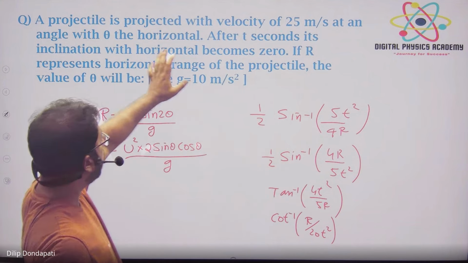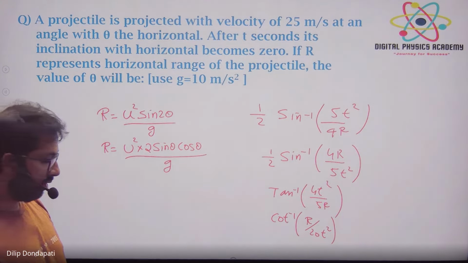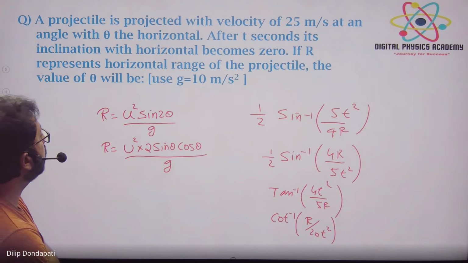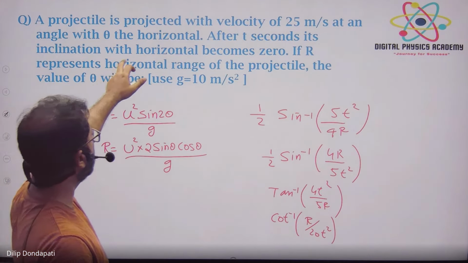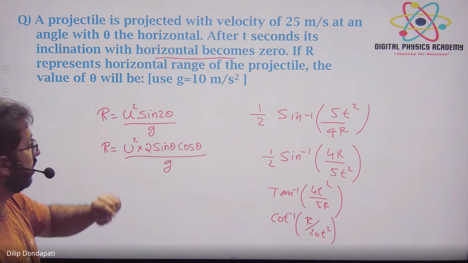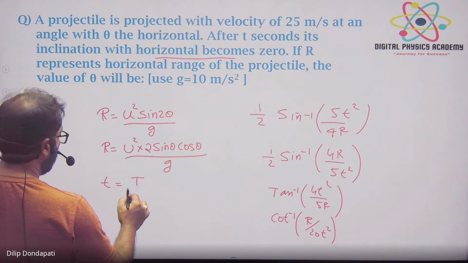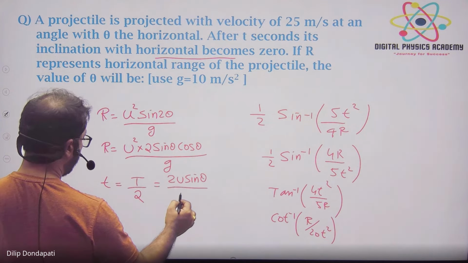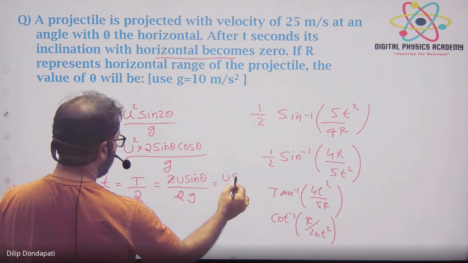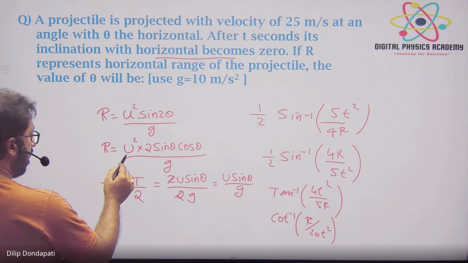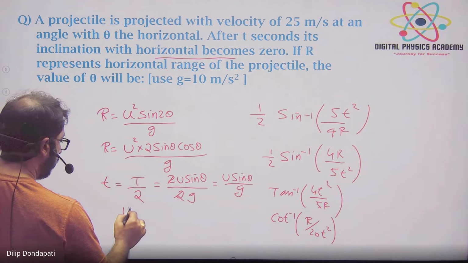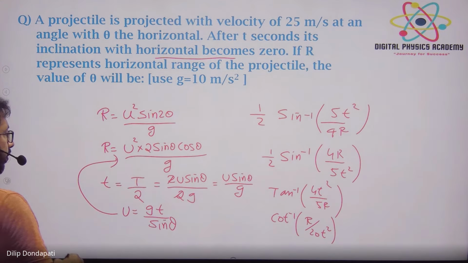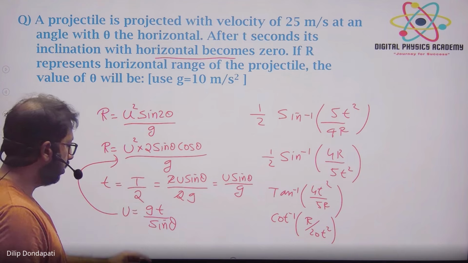Which time is this? It is the time of maximum height, because the inclination is 0 when the object is at maximum height. So t is time of flight by 2, half the time, at maximum height. That is 2u sin theta by g by 2, so g cancels and we get u sin theta by g. Now you need the range in terms of time, so convert u: u is equal to g t by sin theta. Substitute this in here.